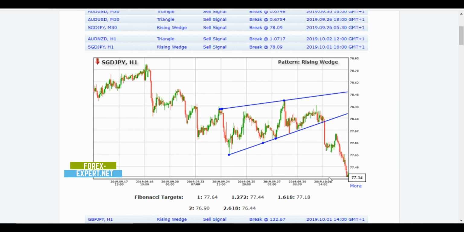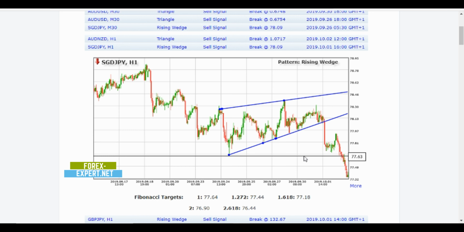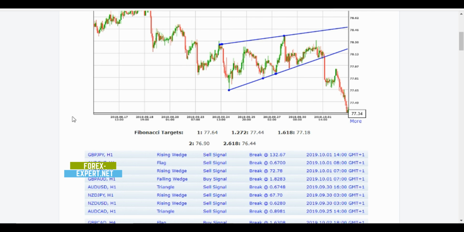Going down to 77.34. So it easily reached the 1.272 Fibonacci extension for 63 pips, more or less. Okay.